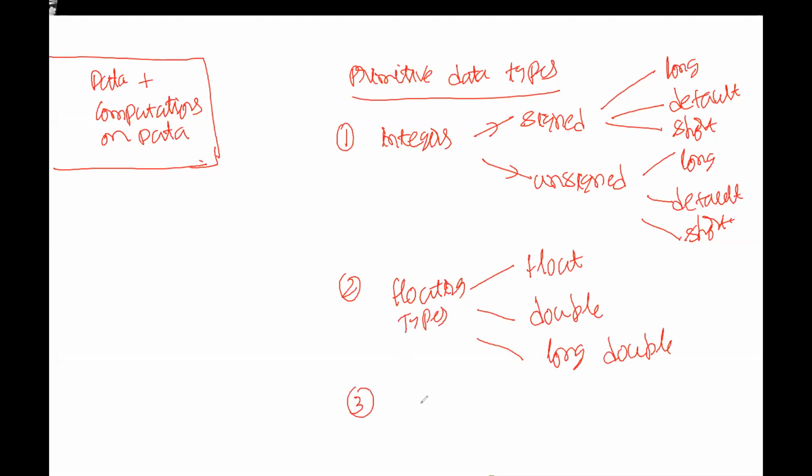And then you have char. And in C99, there is a new primitive data type called _Bool.